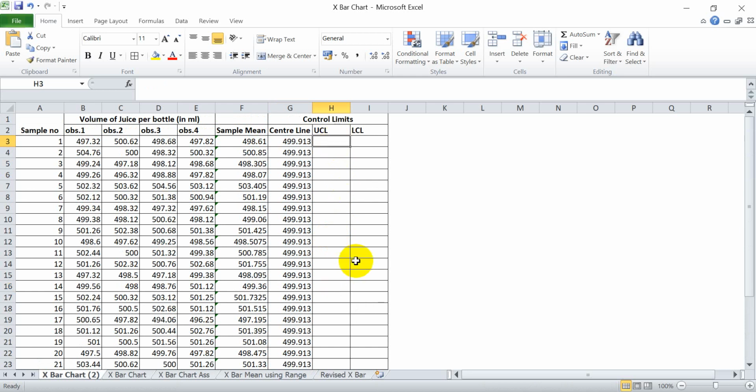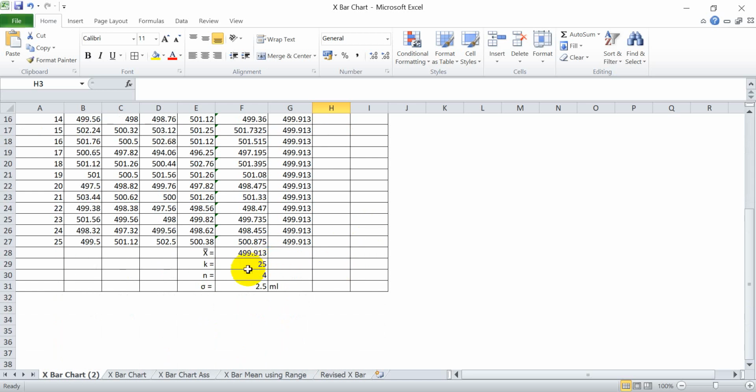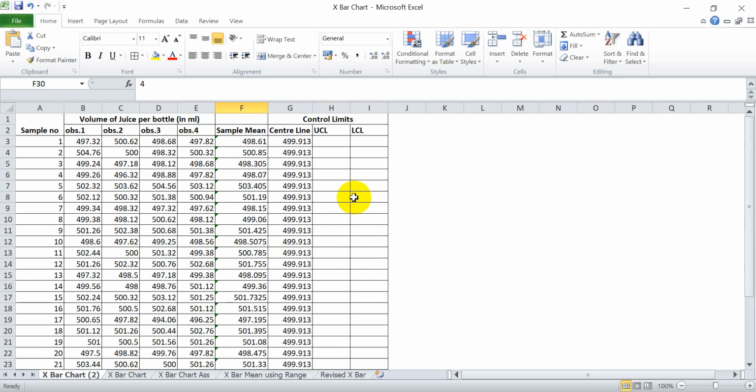Now we have to put the formula for the upper control limit. For the upper control limit we know the formula: X bar plus 3 times the standard deviation divided by the root of n. n is here 4, this one. So let's type over here. See it properly how I write the function.